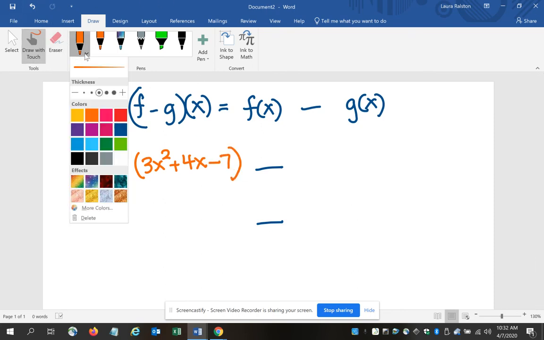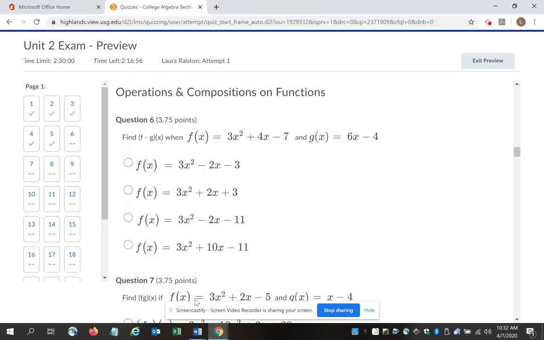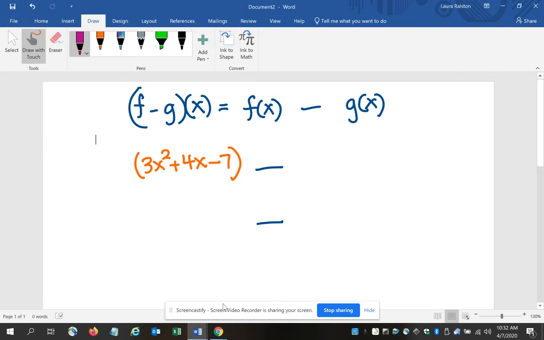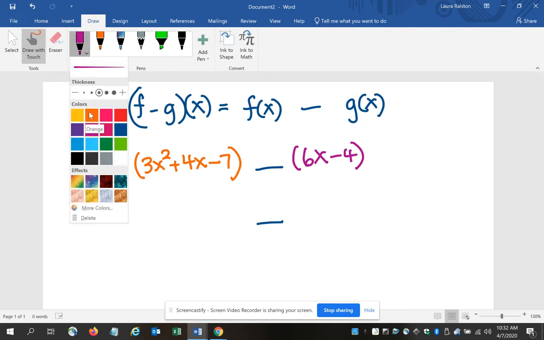And then I need to get function g. Function g was 6x minus 4. And then I want to subtract those two things.